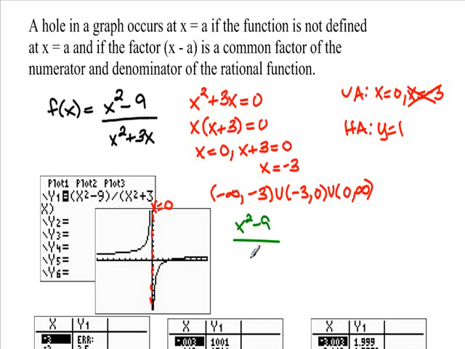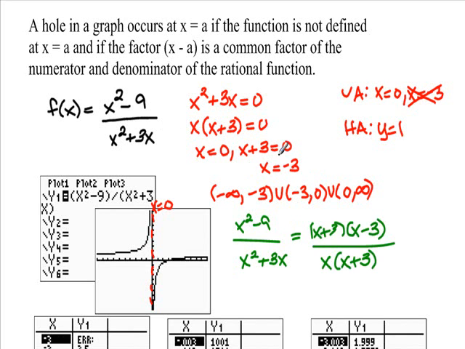X squared minus 9 over x squared plus 3x is really equal to what? X plus 3 times x minus 3 all over x times x plus 3. So that factor where that value of negative 3 came from divides out, right?